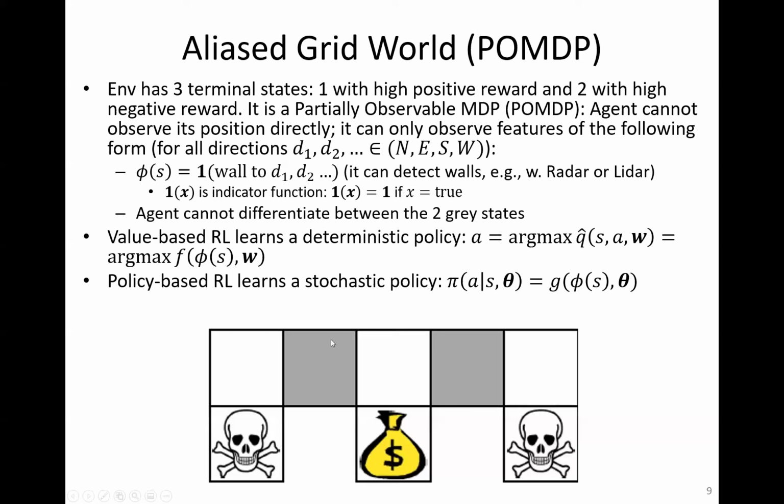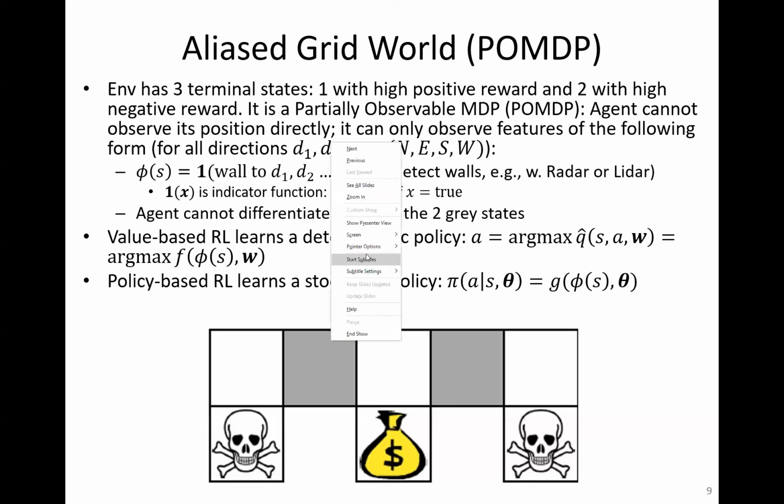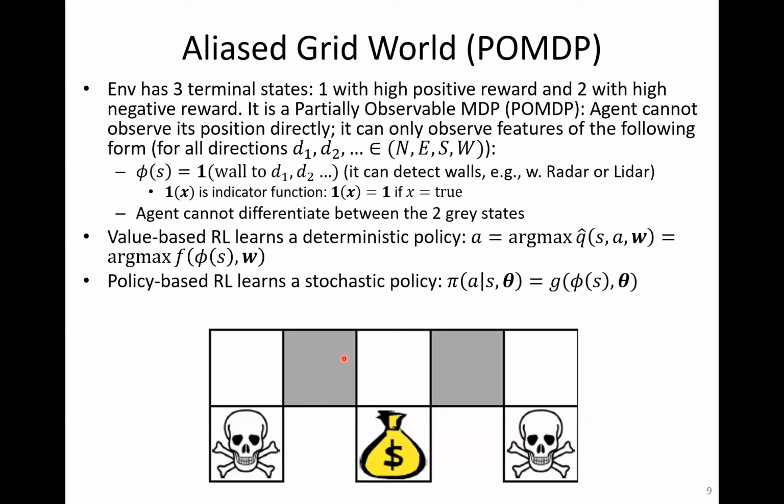So in the two gray states, there's a wall to the north, to the west, and to the east. So these two states are identical based on the limited sensing capability of the agent. So value-based RL learns a deterministic policy, assuming we're not using epsilon greedy after training for the trained agent.